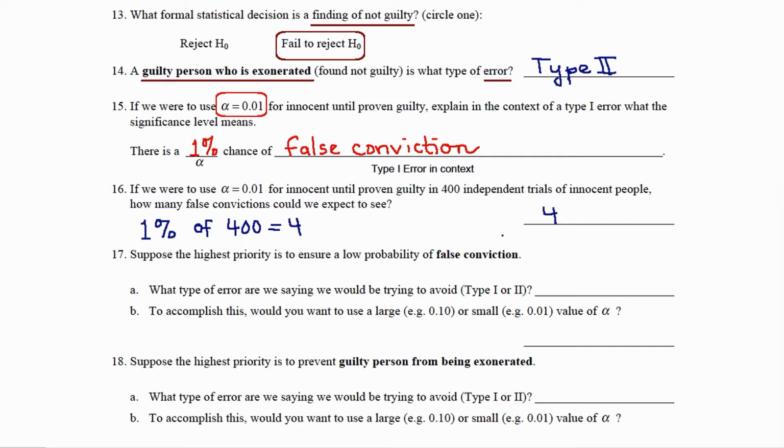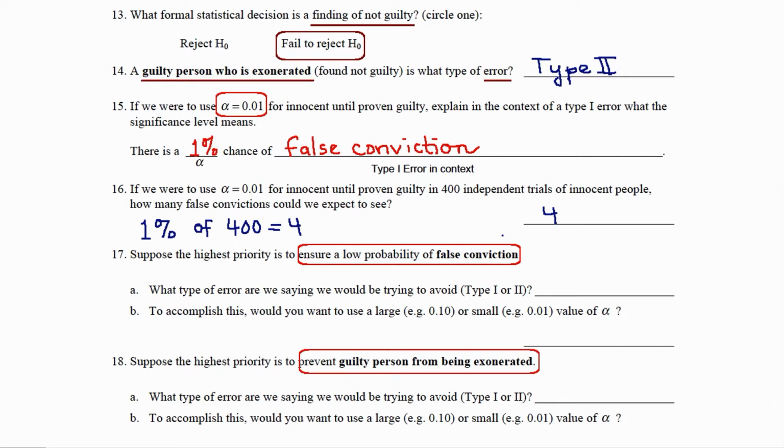Okay, so going on to choosing a level of alpha, there's 2 different things that we might try to prioritize. One thing is maybe our highest priority is to ensure a low probability of false conviction. Maybe our highest priority is to prevent guilty people from being exonerated and turned out onto the streets. In each case, we have a different objective and therefore a different choice of alpha.